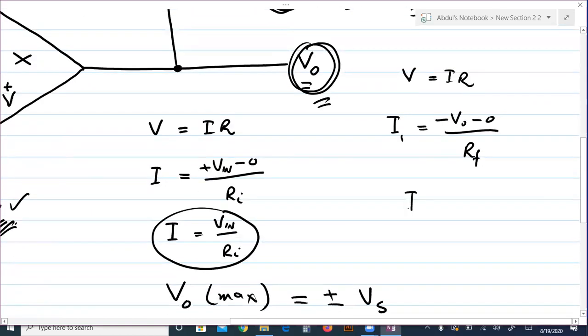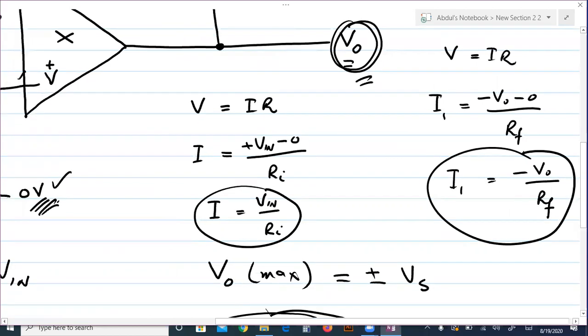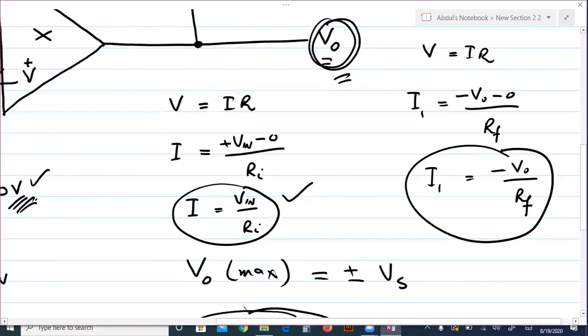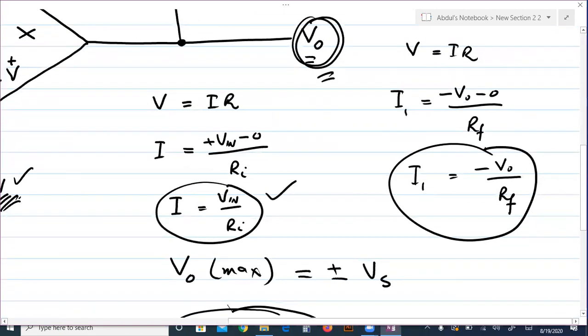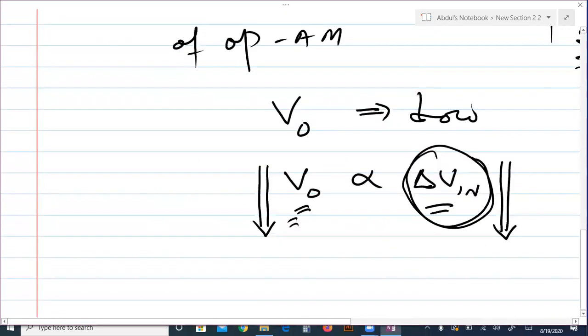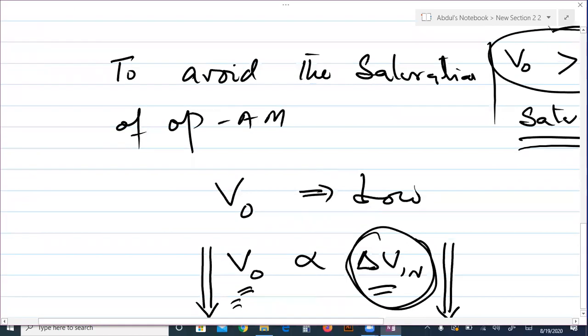So this I1 is equal to minus V naught over RF. So look at I, it is input voltage over Ri, and this I1 is minus V naught, mean output voltage, over RF. Now come to this relation here.